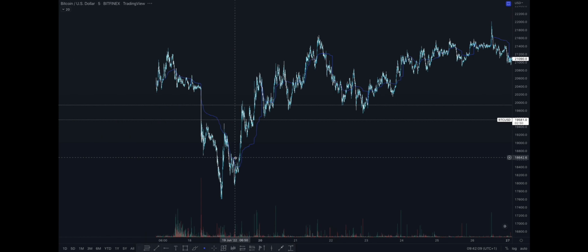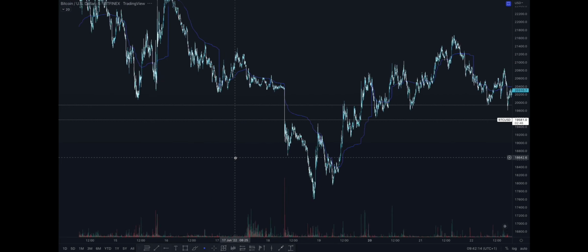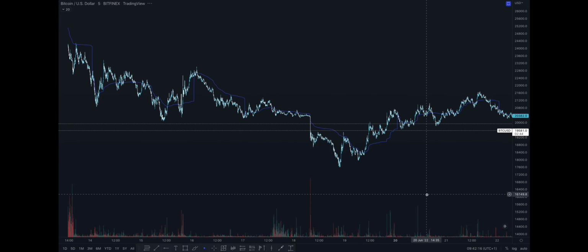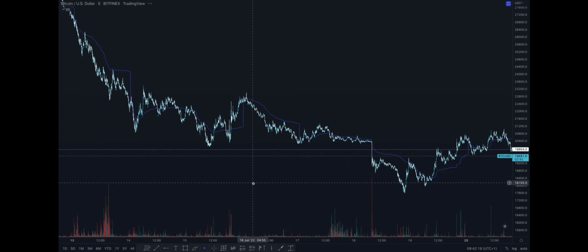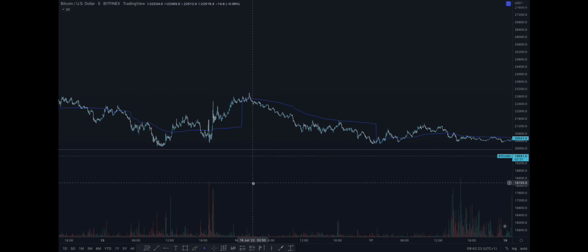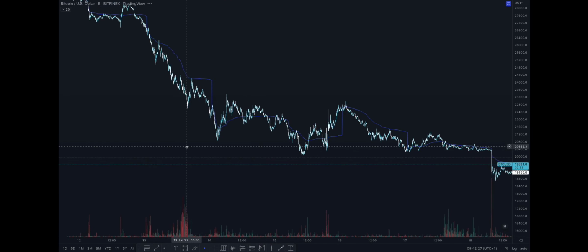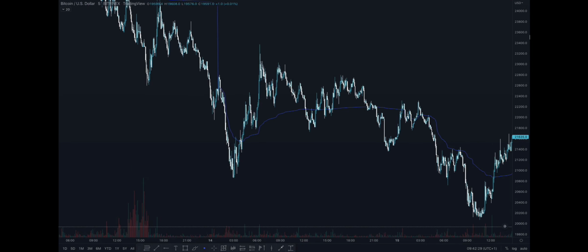So let's take a look here. We'll be looking for an over-under pattern or an under-over pattern after an overextension to the downside or to the upside. Is this one here?